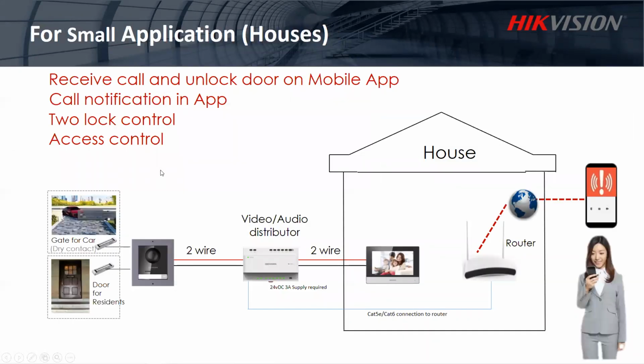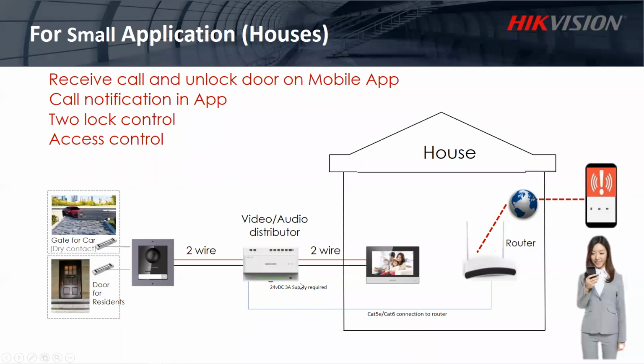All right, let's have a quick look at the small application. If we talk about a small application, such as for a house, what you get out of this solution is receiving calls and unlocking the door on the mobile app, which we're going to show in the live demonstration. As well, you will get a call notification in the app, and on the back, as we mentioned, 2 lock controllers.